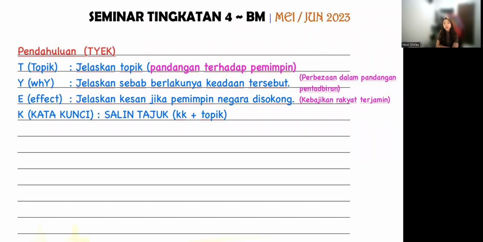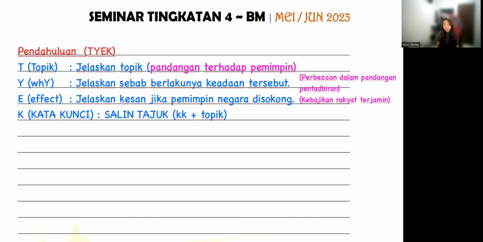Example, for the last sentence maybe you can say, justru kita harus meneliti. Meneliti is observe and find out. Meneliti cara-cara untuk menghargai jasa pemimpin negara. So this is the kata kunci plus the topic. TYEK, this is how we use it, regardless of whether this is a long essay or a short essay. You may apply that.